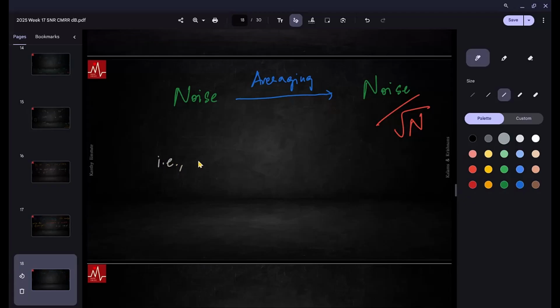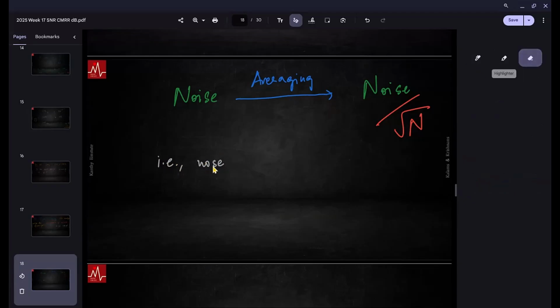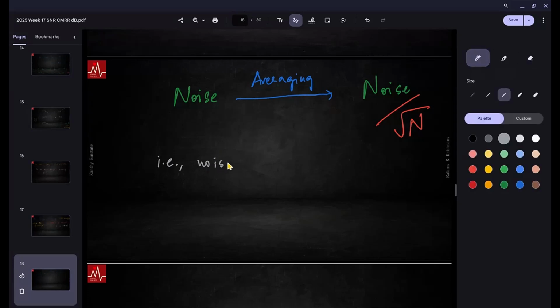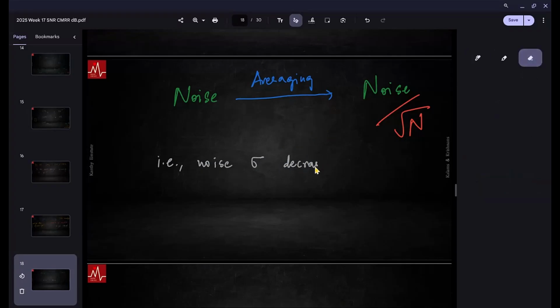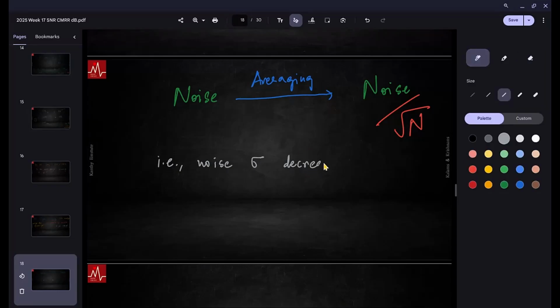That is, noise sigma, it is 10 millivolts, decreases by a factor of 1 by square root of 10 using 10 signals. 1 by square root of 10 is a fraction, right?